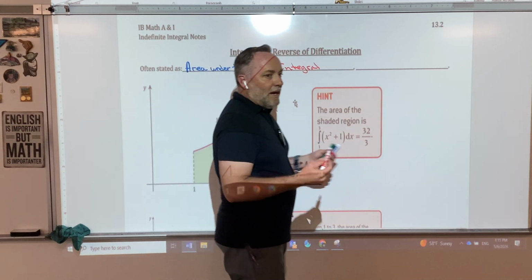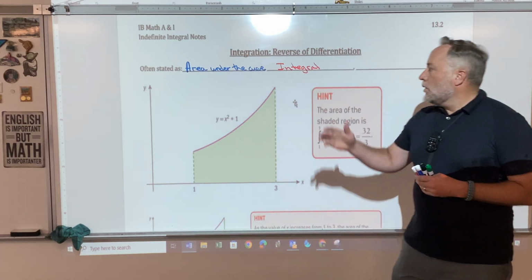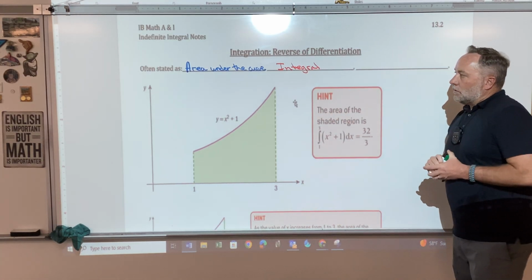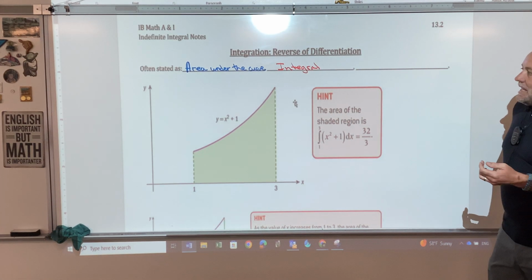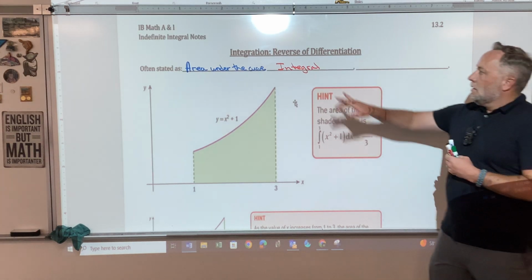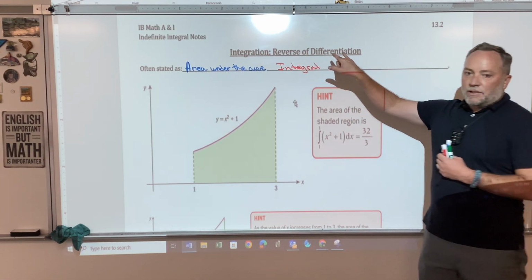So if it says find the area under the curve, you know that you're going to take an integral of something. And then the last part is this one word, reverse of differentiation.